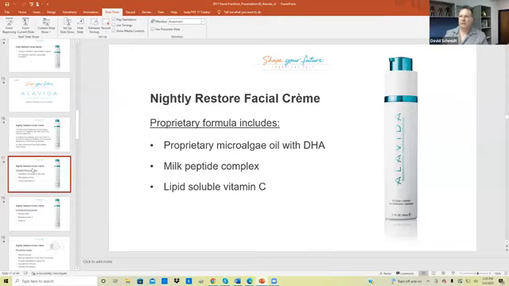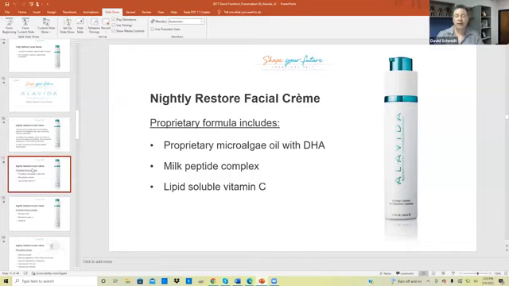Now, you'll see with many skincare products that what they do is they'll add hyaluronic acid to their formulas. I personally think this is a mistake. Our philosophy with our products is to turn on these mechanisms so the body elevates its own collagen production or its own hyaluronic acid.